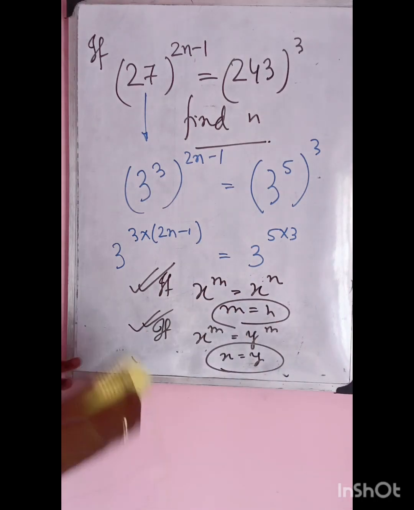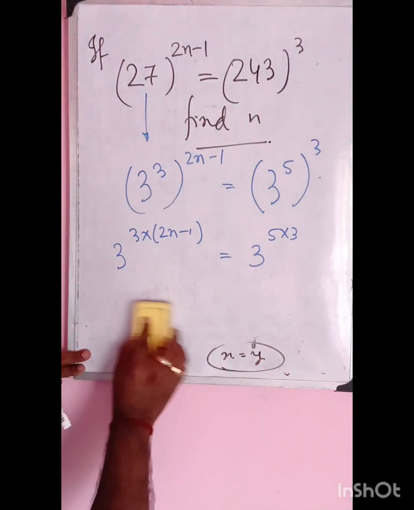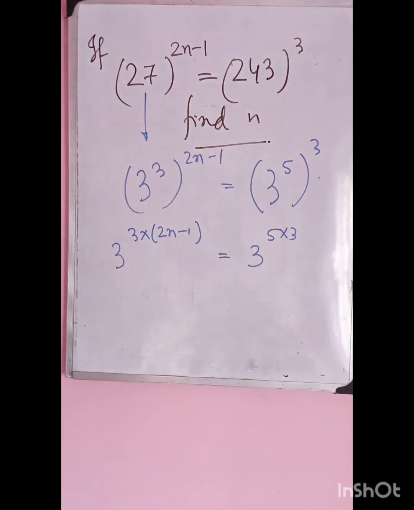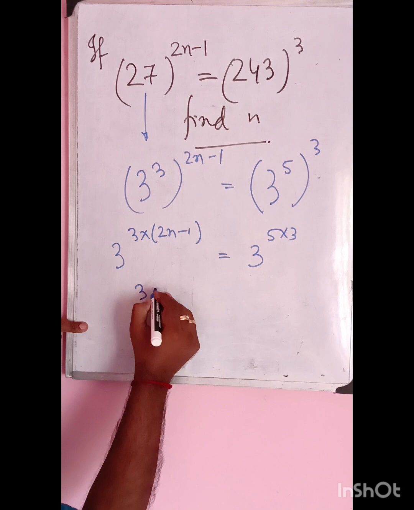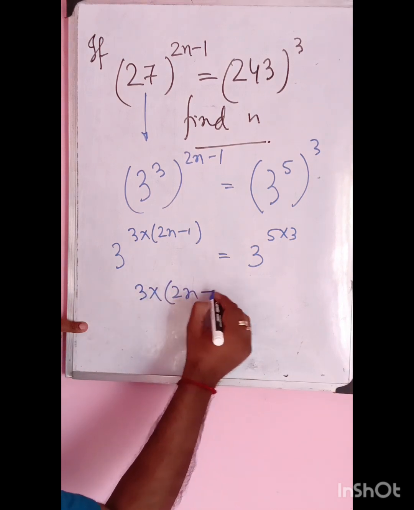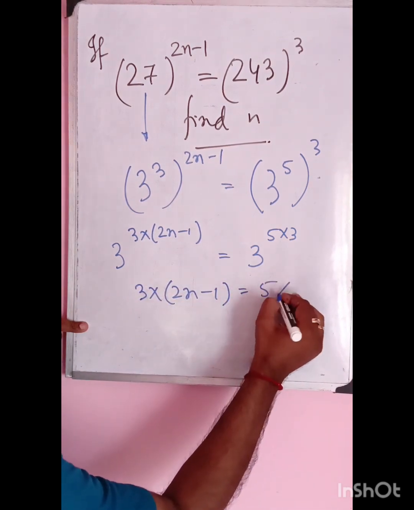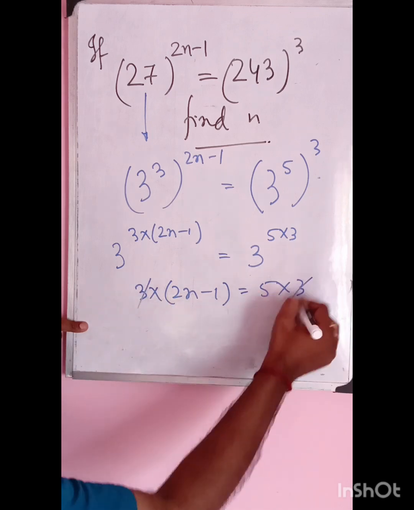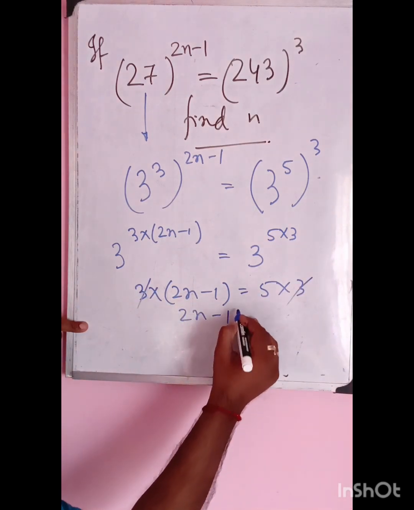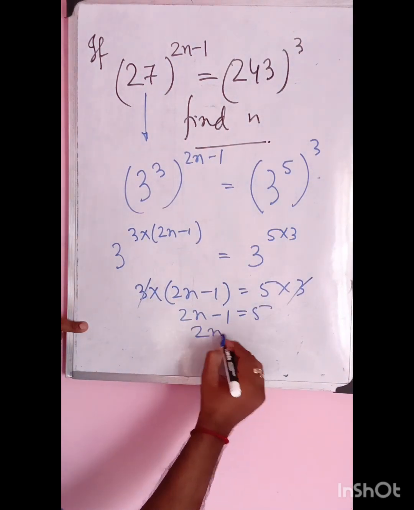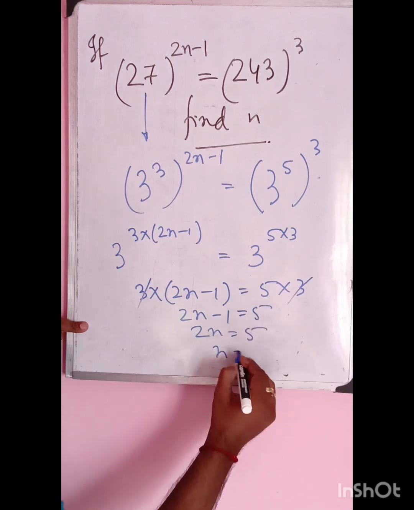So in this problem, the base is same, 3 and 3. We conclude that the power is also equal. 2n minus 1 equals to 5, 2n equals to 6, n equals to 3.